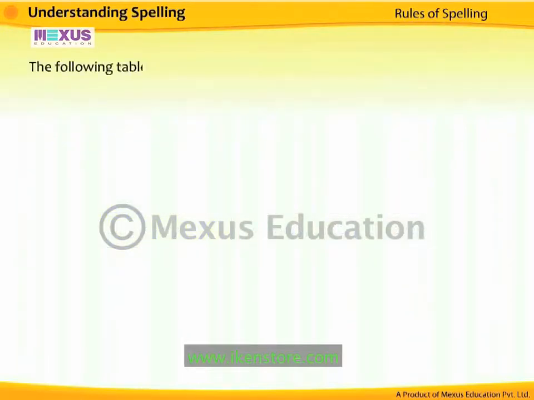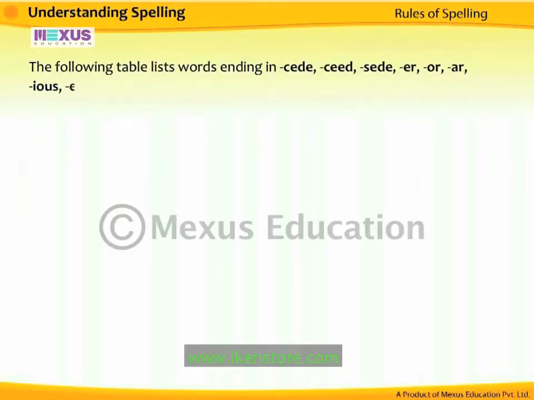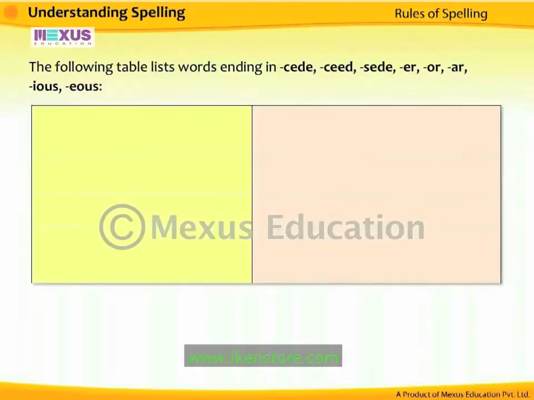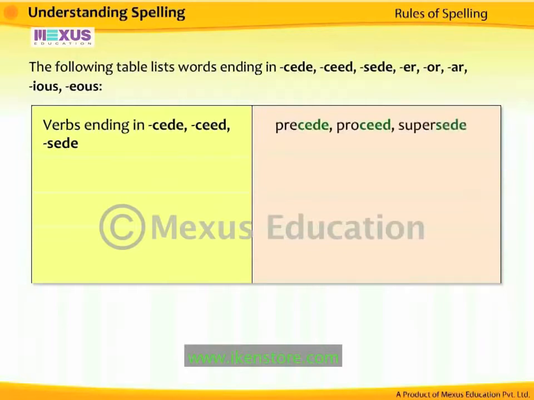The following table lists words ending in CEDE, CEED, SEDE, ER, OR, AR, IOUS, EOUS. Verbs ending in CEDE, CEED, SEDE are precede, proceed, supersede.